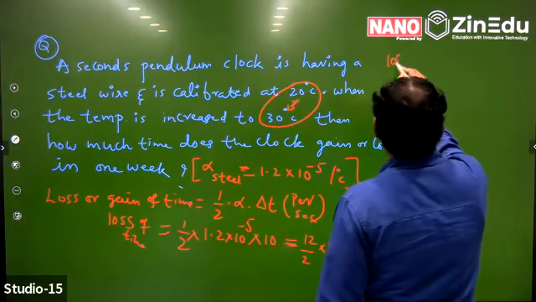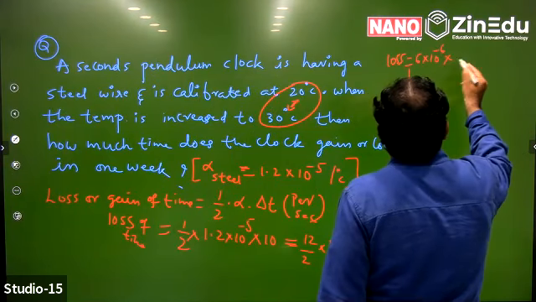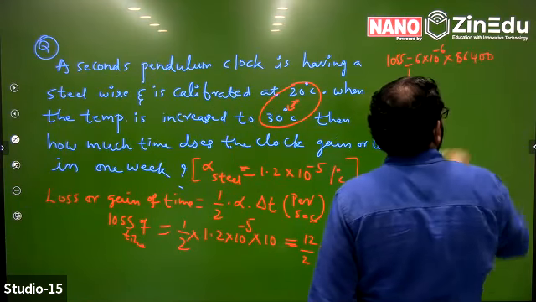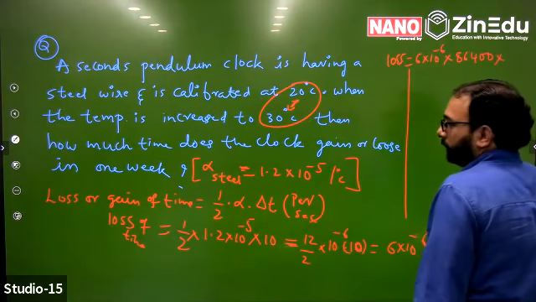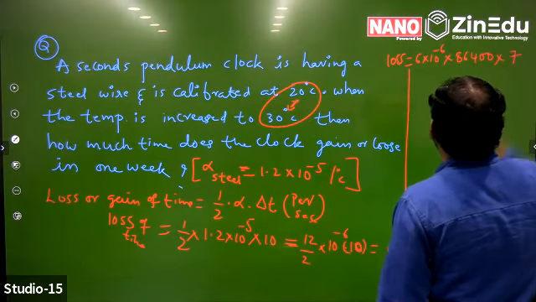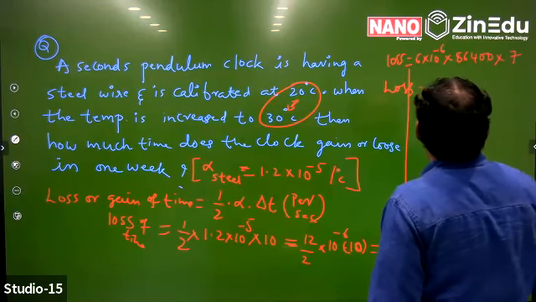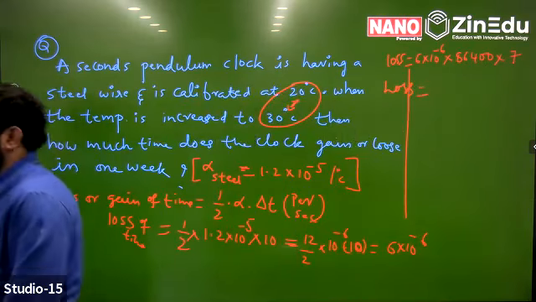So loss equals 6 into 10 power minus 6 into per day 86400, which is 24 into 60 into 60, into 7 for 1 week. If we simplify, the loss will be obtained.